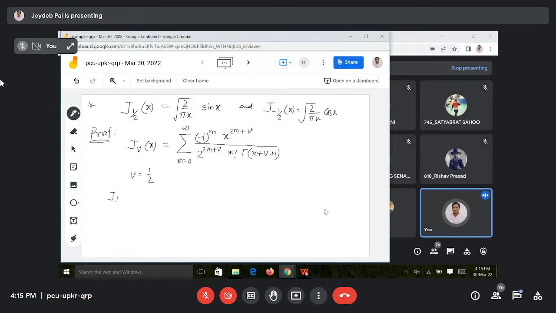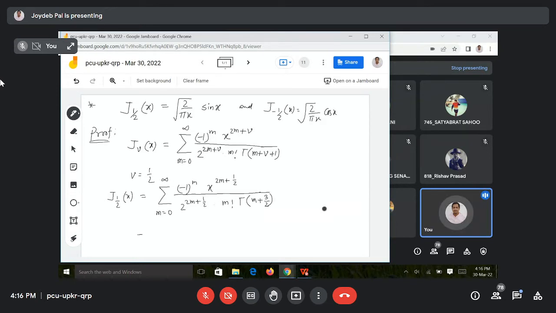Therefore J half x will be, sum m 0 to infinity, minus 1 to the power m, x to the power 2m plus half, divided by 2 to the power 2m plus half, then m factorial, gamma of m plus 3 by 2.